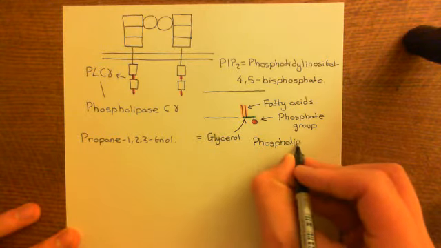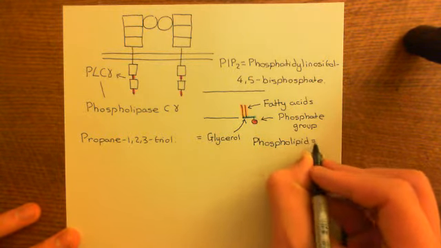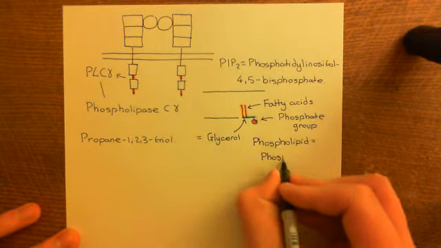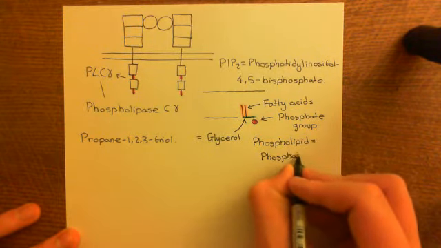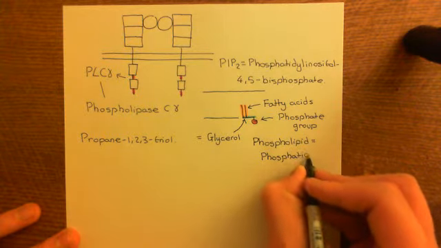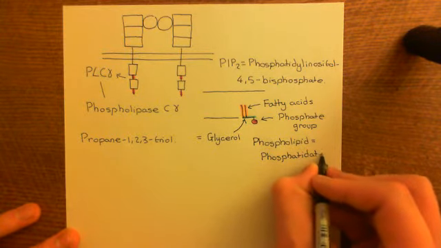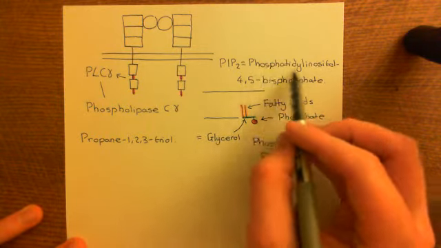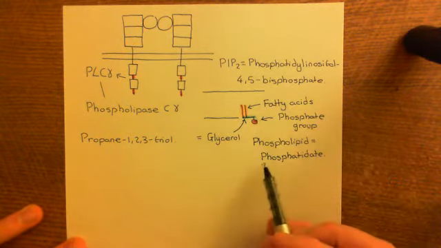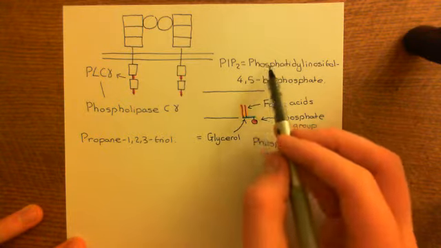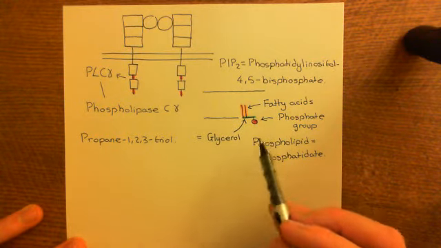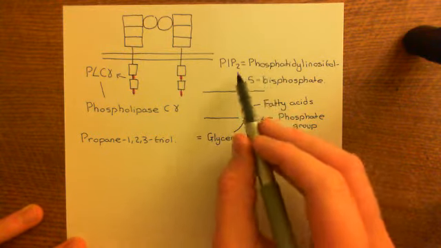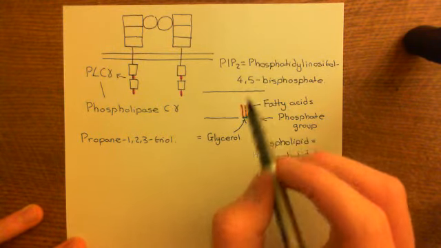Although you'll never hear anyone call a phospholipid a phosphatidate molecule, when we are talking about modified phospholipids, we use the term phosphatidate all the time. For instance, up here, phosphatidyl means one of these phospholipids. And what I hope to convince you of is that PIP2 is just a modified phospholipid.